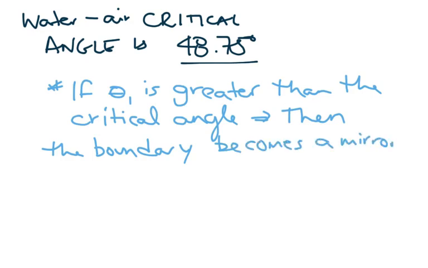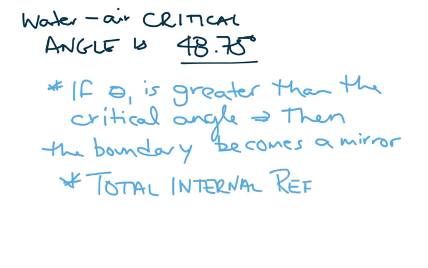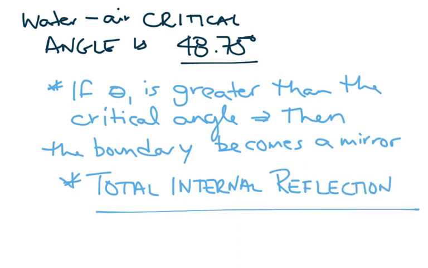That means the light will not leave that material that is more dense. And that is called total internal reflection. And if you get an accidental wrong usage on the quiz and it says total internal refraction, it should say reflection. But that's total internal reflection. So that interface becomes a mirror.